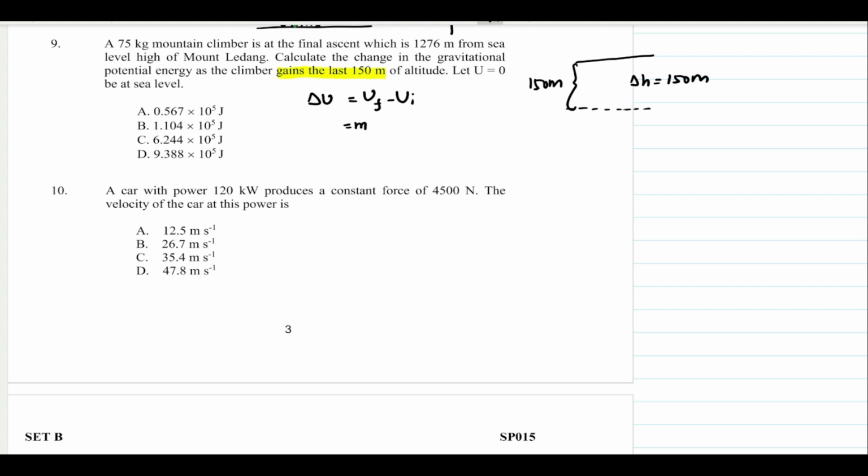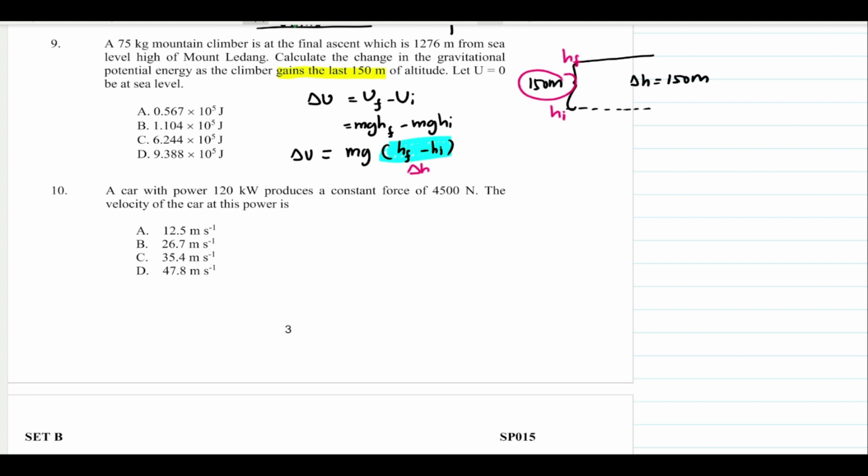So from here actually we can find mgh final. Contohlah ini adalah H final, sini H initial. So this is delta H. So bila kita masukkan dalam equation, kita nak cari delta U. So delta U is actually equal to mg times H final minus H initial. Di mana H final minus H initial ini adalah delta H tadi.